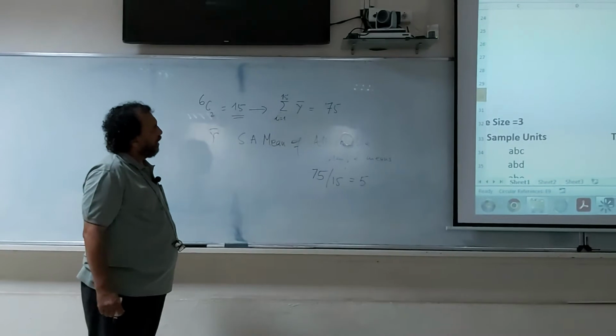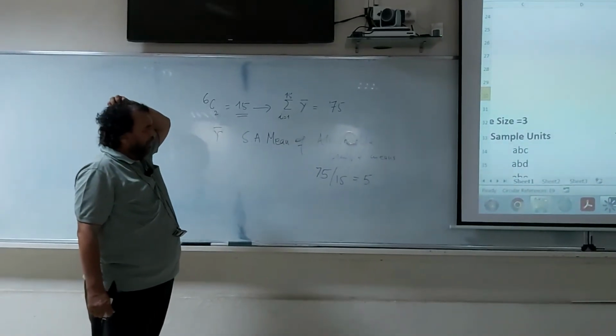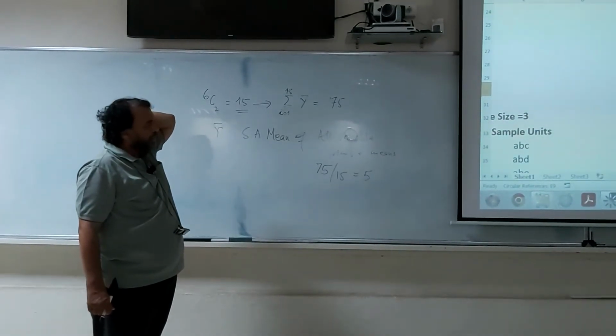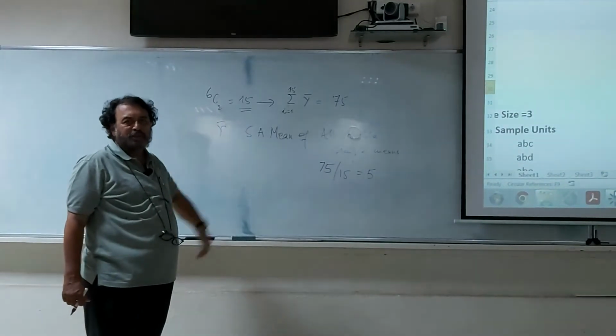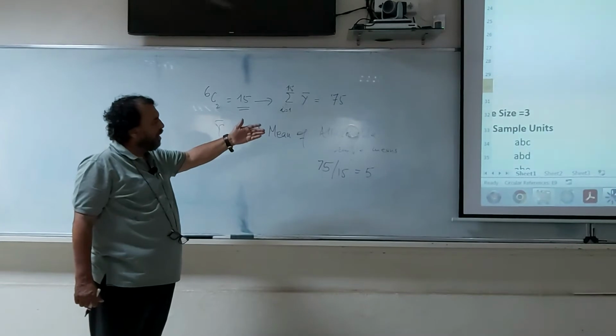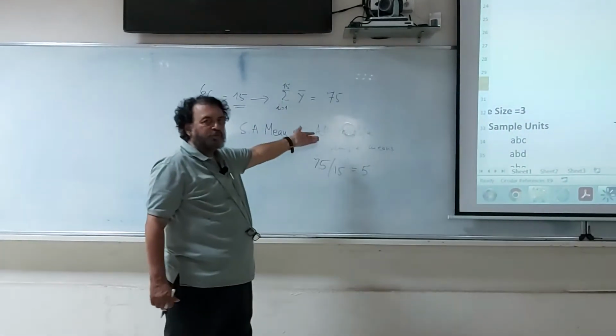And now you can look at this number 5. Is it a number which has appeared earlier? That number is in fact exactly equal to the population mean. When we had all 6 households of the universe, what was the mean of the population? The mean of the population is 5. And what do we get here?